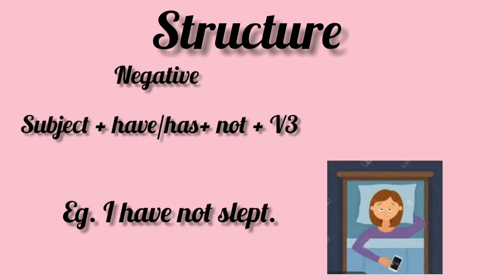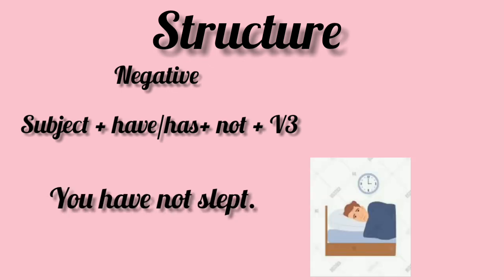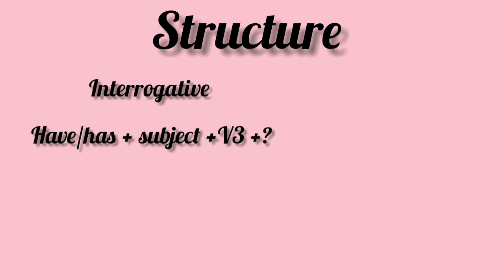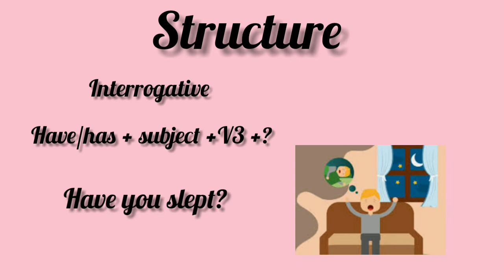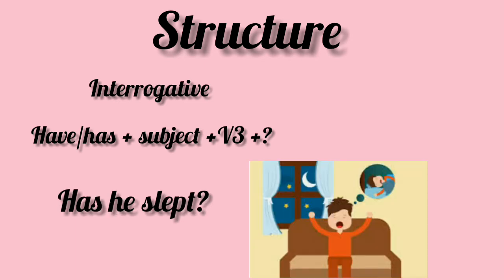For example, I have not slept, you have not slept, he has not slept. Interrogative sentences begin with has or have plus the subject and plus the third form of the verb ending with a question mark. Example, have I slept? Have you slept? And has he slept?